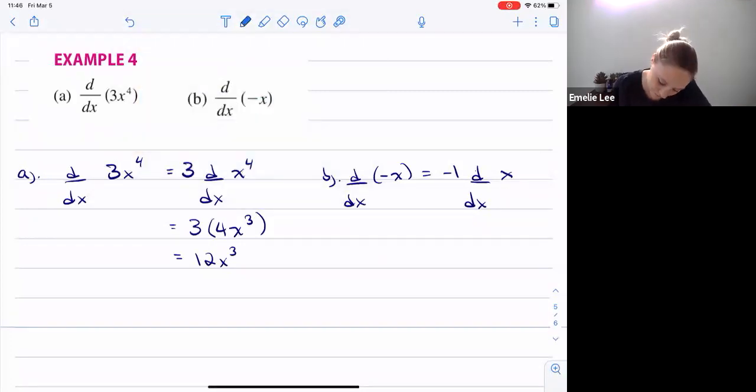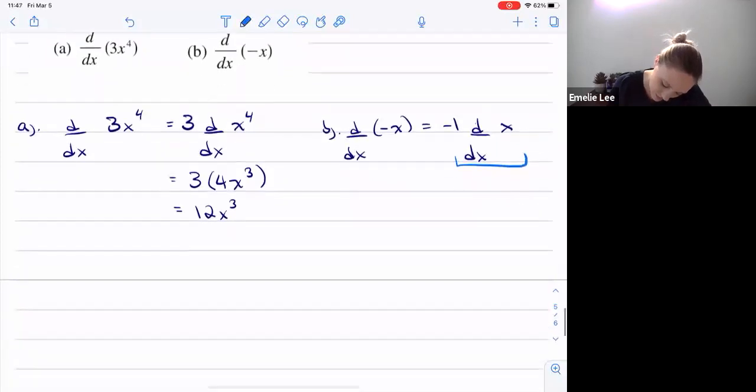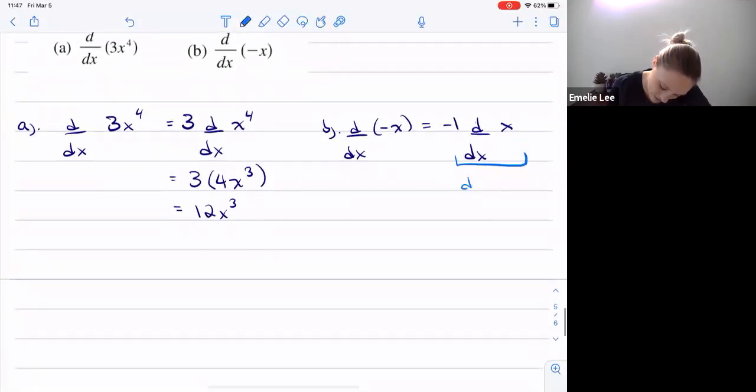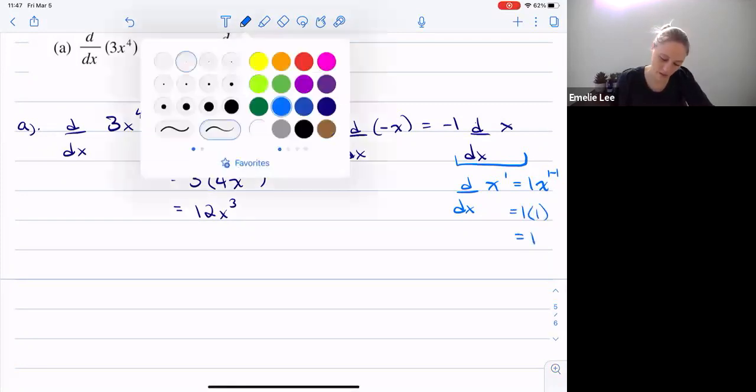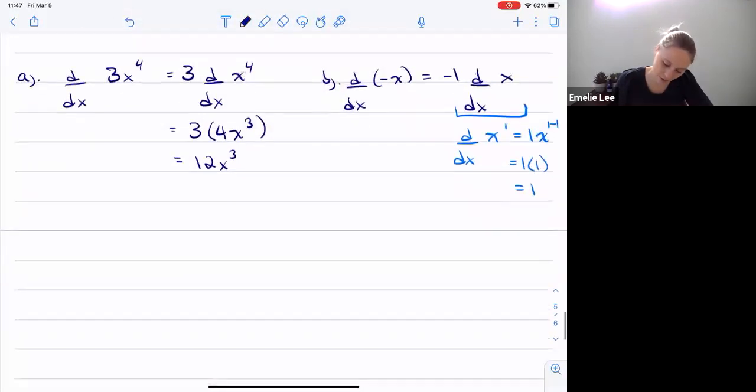So here, this is d dx of x to the power of 1, which is 1 times x to the 1 minus 1. Anything to the power of 0 is just 1. Which is 1 times 1, which is 1. And so overall, this becomes -1 times 1, which is just -1.